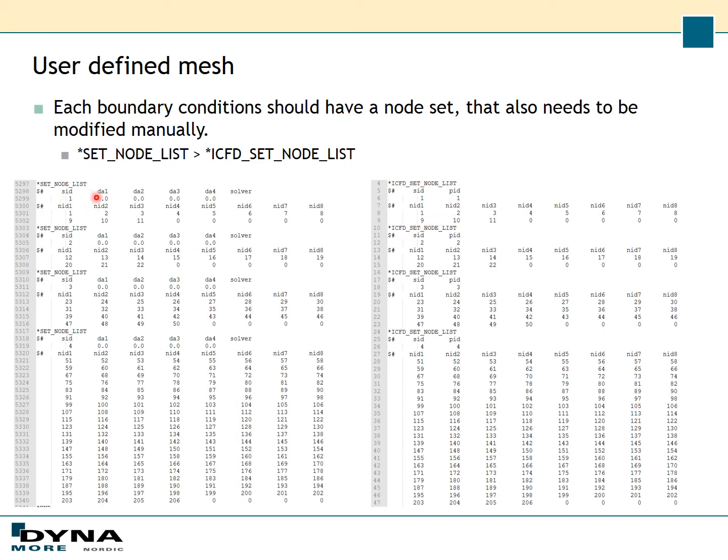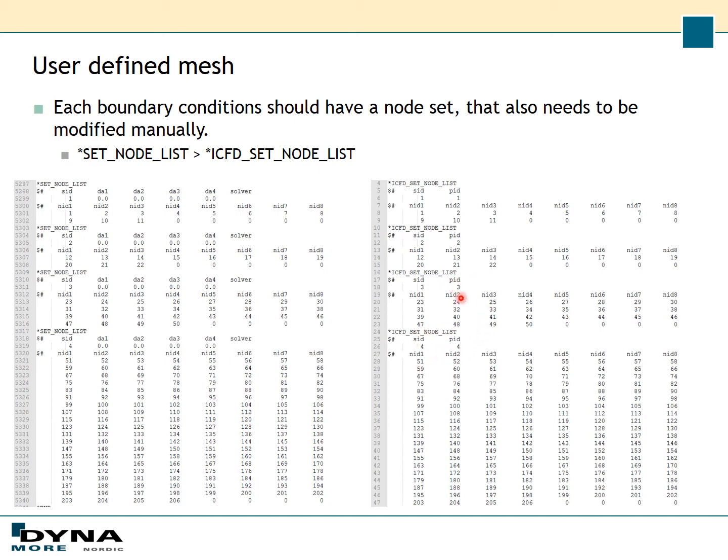Here you have set ID 1, which is the same for the ICFD, but the second parameter is the part ID that the ICFD solver will use. Same thing for set node ID 2. You keep the same set ID here and convert, and it tells the solver that this will be part number 2. And same thing for the rest of the boundary parts.